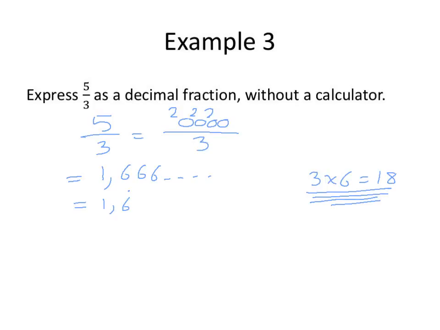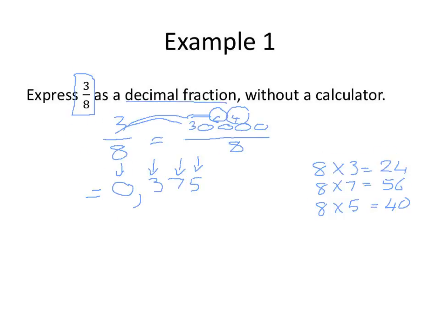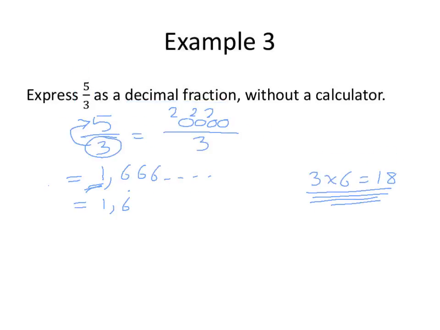Now, the important steps here: number 1, we start by asking how many times the denominator, the bottom number, can go into the numerator, the top number. That's the first number that gets written, 1 comma. In our first example, 8 couldn't go into 3, so we kept it as 0. Then we draw our line over here, write all our little zeros, and we carry the remainder.